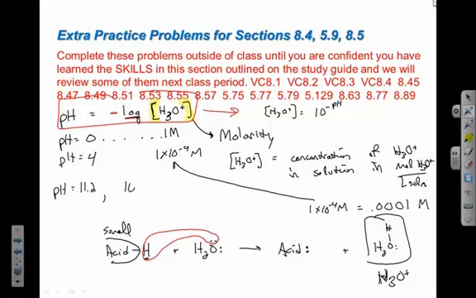So I would take 10 to the negative 11.2 power, and that would give me 6.3 times 10 to the minus 12. That is a very small amount of H3O+ in molarity.